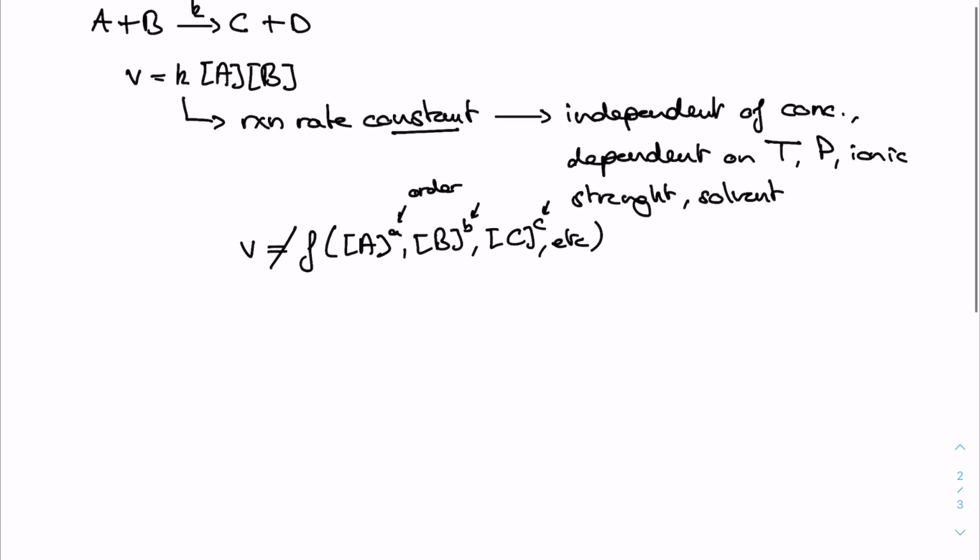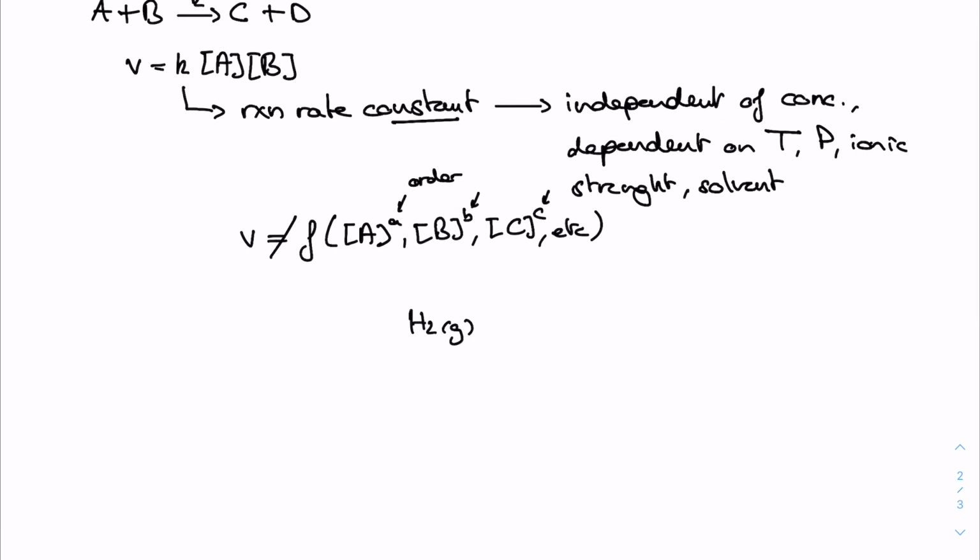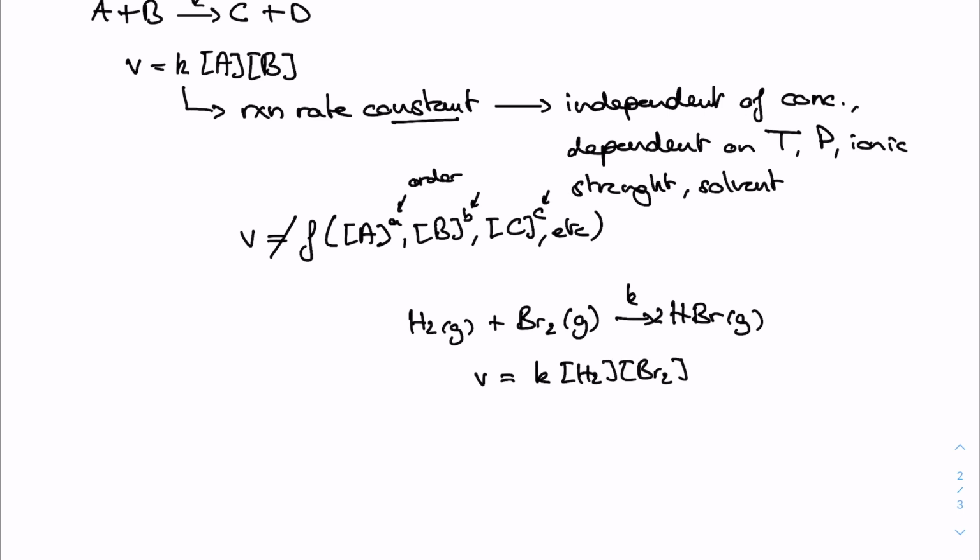So, for example, if we take hydrogen gas plus bromine gas, we get two HBr, gas. So you would very simply say, okay, we have a certain rate constant K, we have V equals K times H2 times Br2, and we're done because here's a 1 and here's another 1.